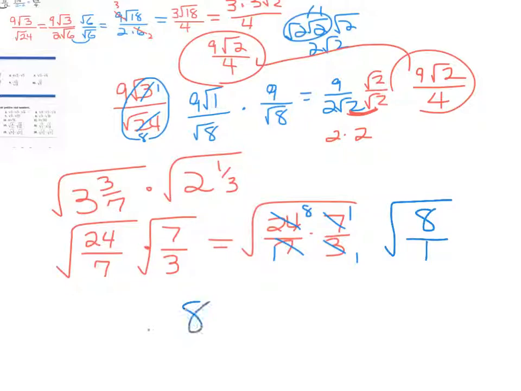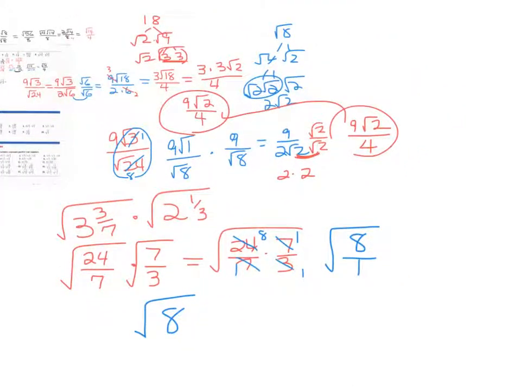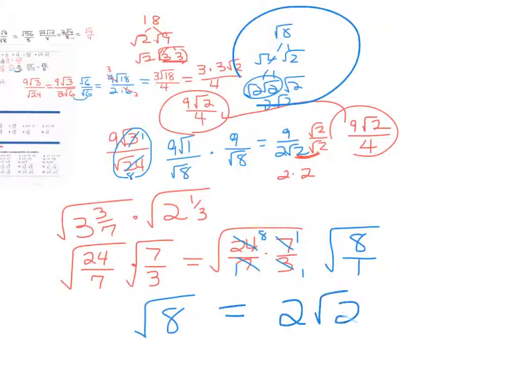So I'm just simplifying now the square root of 8. And I already did that. So my answer, which is up here, is going to be 2 square root 2. So this is multiplying and dividing radicals.